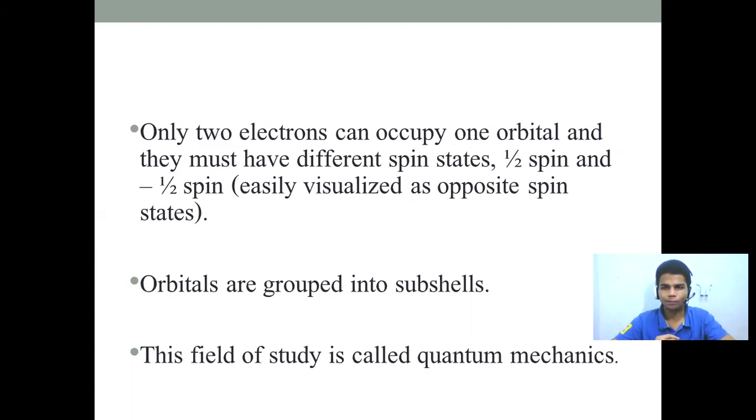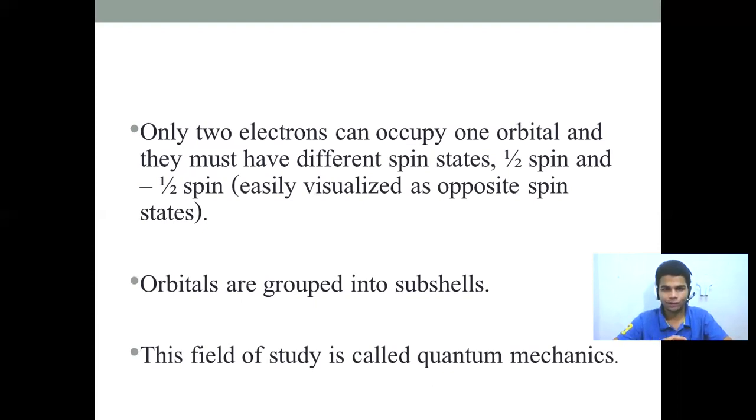If a third person tries to come, the two will not allow him. In a similar way, electrons occupy one orbital with opposite spin. If one is plus half, then the other must be minus half.